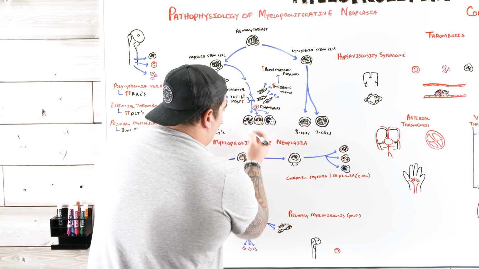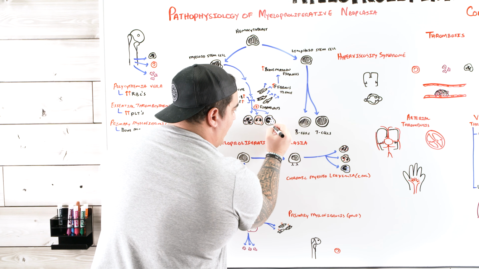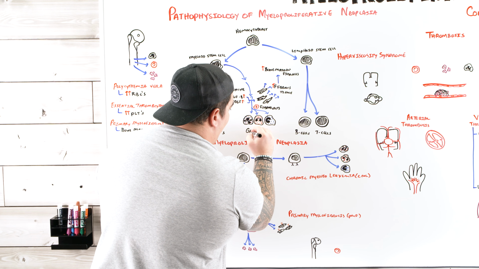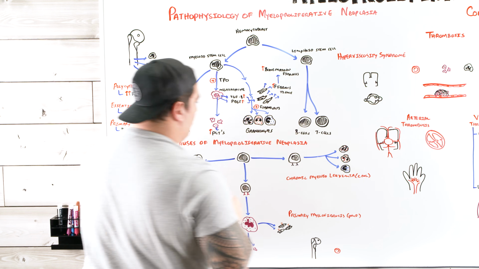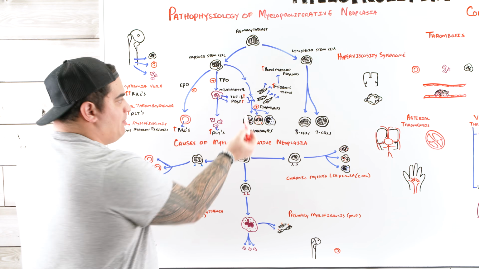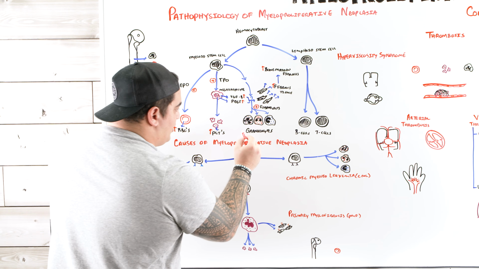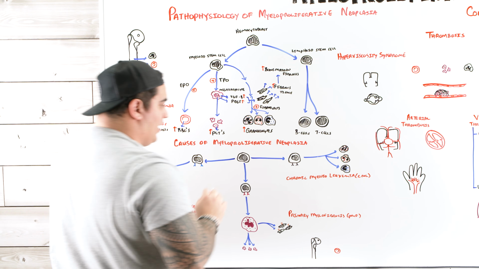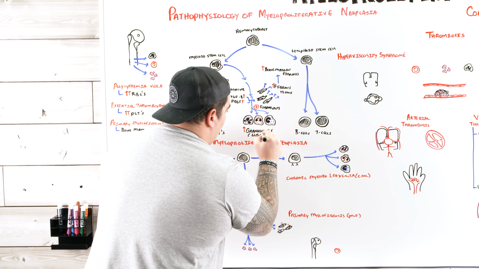And these white blood cells, this is your neutrophil, this is your eosinophils, and this is your basophils. But these are called your granulocytes. And again, we'll talk about this more when we get to the leukemias, but this myeloid stem cell can also turn into monocytes. But in this patient, they're making lots of these granulocytes, which are a type of white blood cell, right?